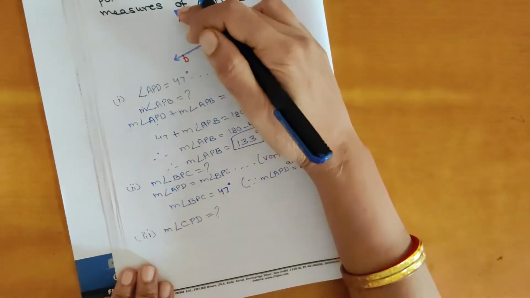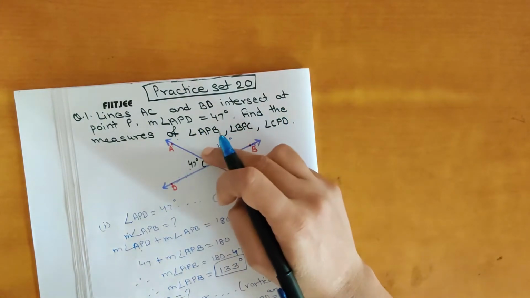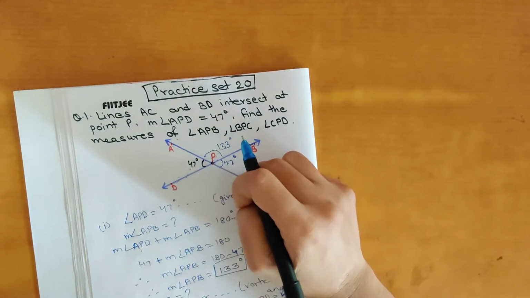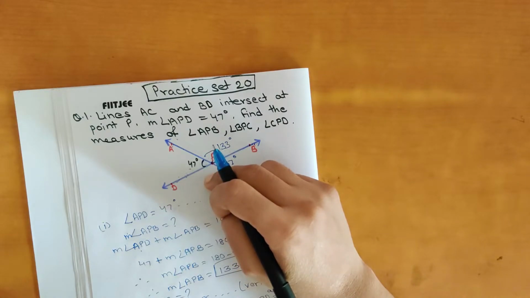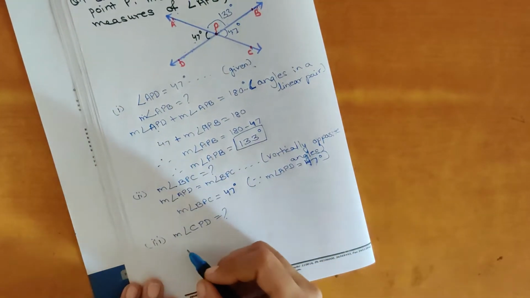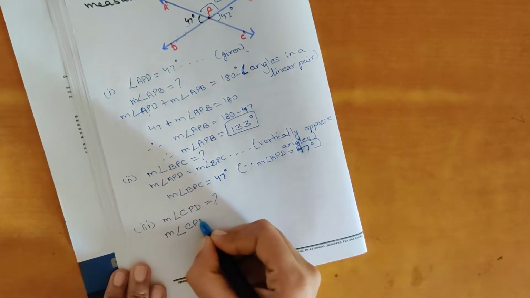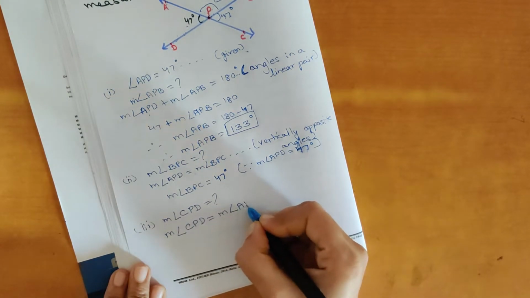So we know that the vertically opposite angle of angle APB is angle DPC. So this is 133 degrees, so this will also be 133 degrees. Why? Vertically opposite angles. So we can write measure of angle CPD is equal to measure of angle APB.